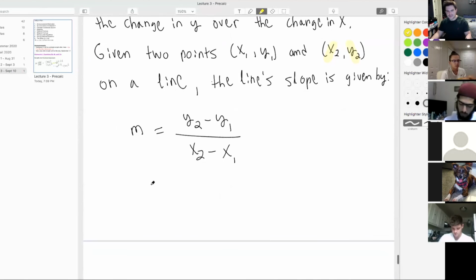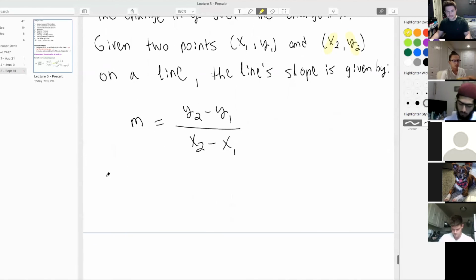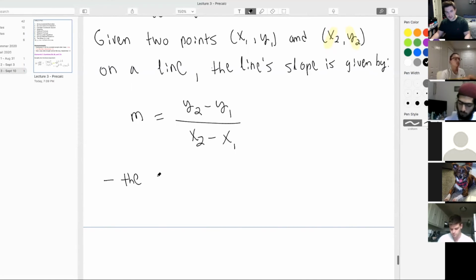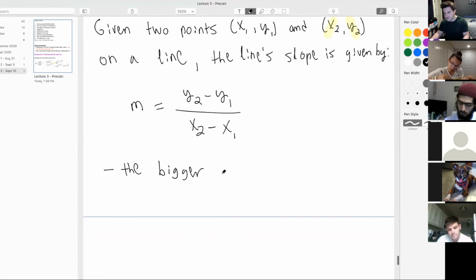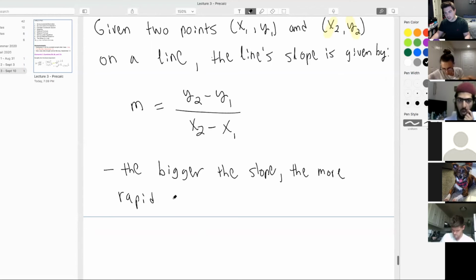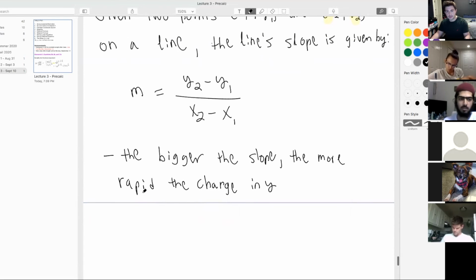I'm going to rattle off some quick facts about slope. The bigger the slope, the more rapid the change in y. Is that where the word steeper comes in?